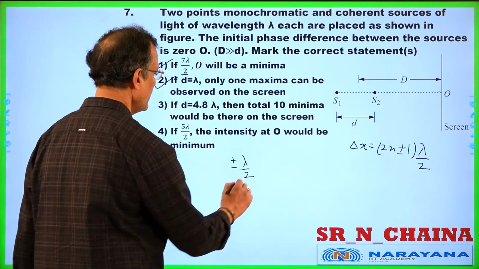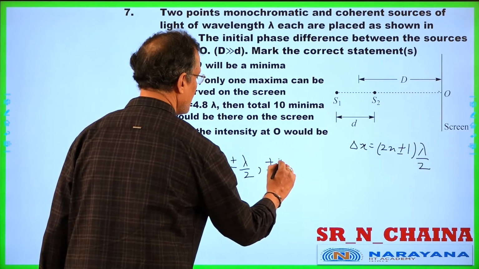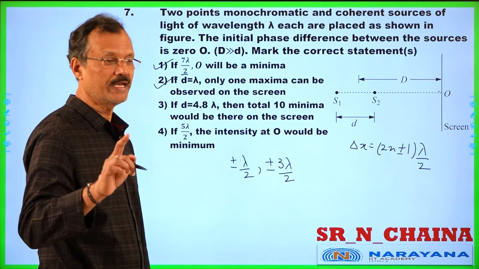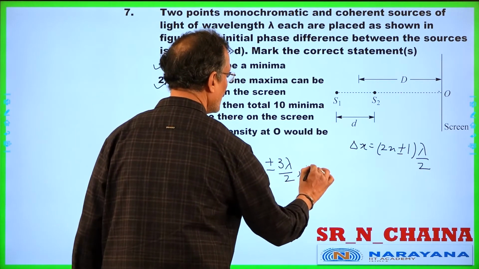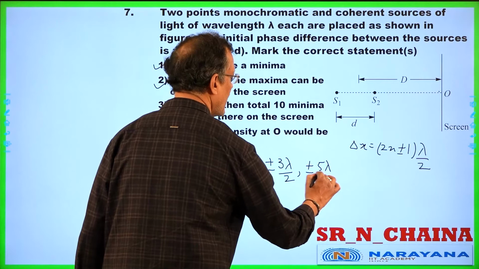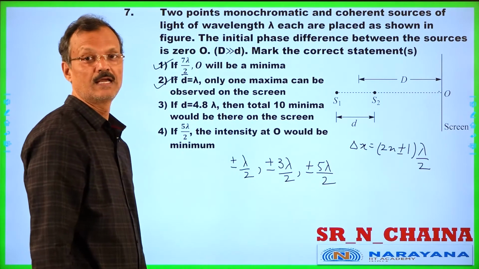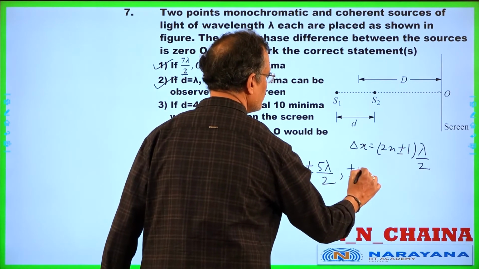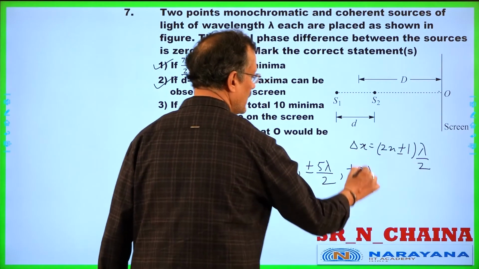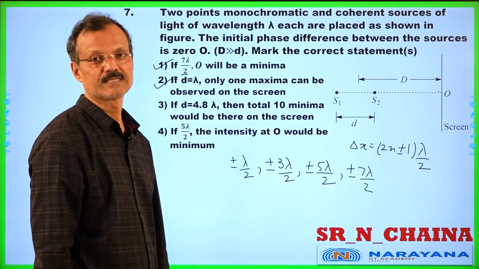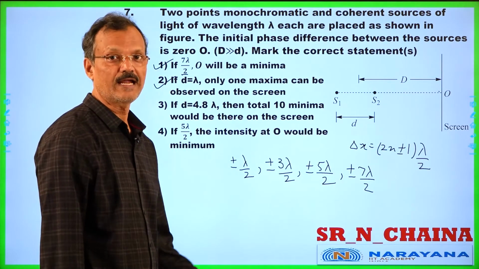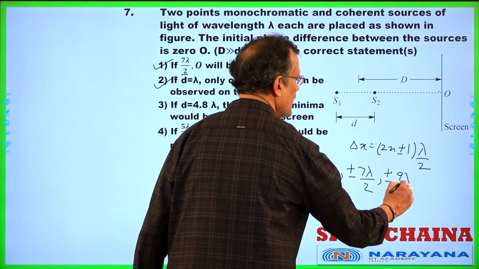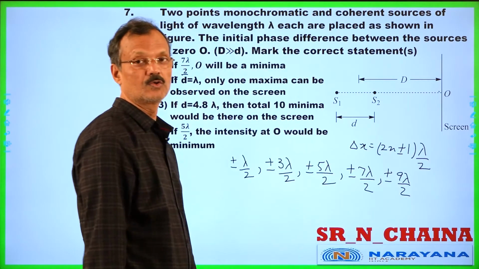Next I will go for plus minus 3 lambda by 2: again 2 minima. Next plus minus 5 lambda by 2: again 2 minima. Next plus minus 7 lambda by 2. It is still 3.5, 7 by 2 is 3.5, no? Again 2 minima. Next I will go plus minus 9 lambda by 2: 2 minima.